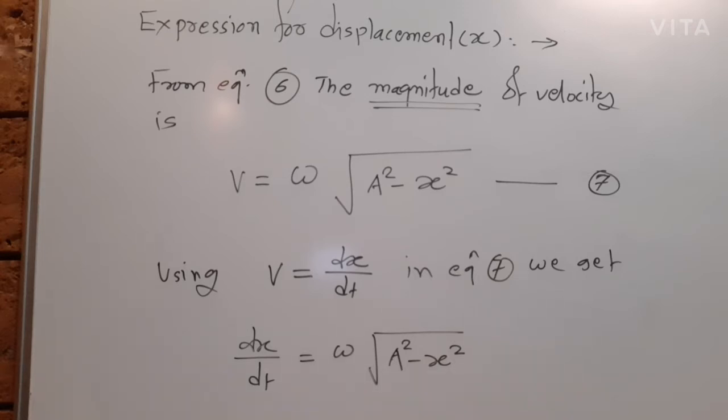Now separate the terms of x and time, and therefore here the term is dx divided by square root of a square minus x square is equal to omega into dt.